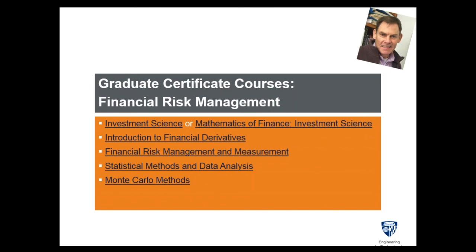There are courses that are common to the certificates, and then there are courses that are unique to each of the certificates. And for the most part, the certificates cover the first few courses that you would take in progressing towards your master's degree, even though you may not have the intent of completing the master's degree.